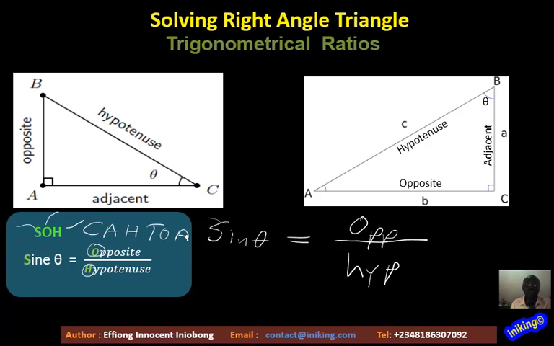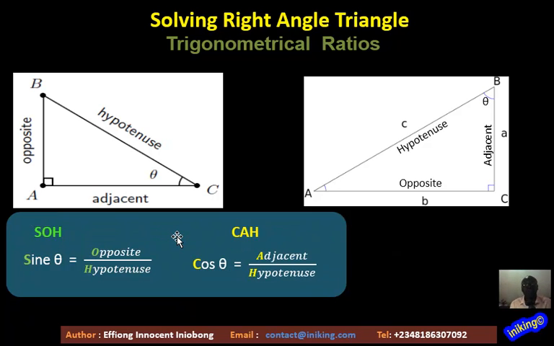Let's advance and look at the definition for cosine. Cosine, as I said earlier on, is defined as a ratio of the adjacent side to the hypotenuse side, and of course abbreviated as what? CAH, saying that cosine is equal to the adjacent side divided by the hypotenuse side.